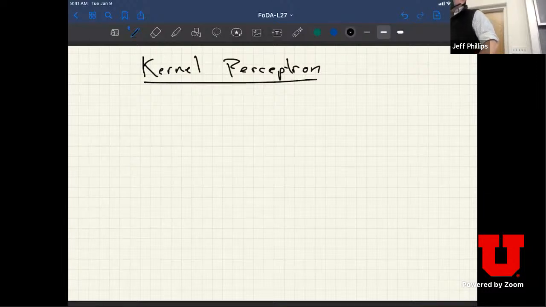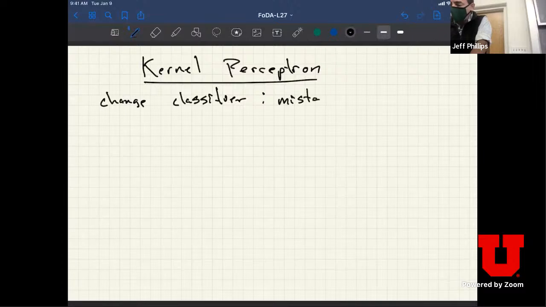The key is that I'm going to change how I represent the classifier. I'm going to represent it as a mistake counter. I'm basically going to keep track of which points made a mistake, and I'm just going to keep those counters.